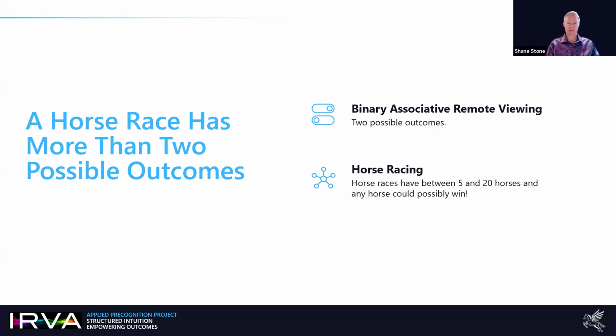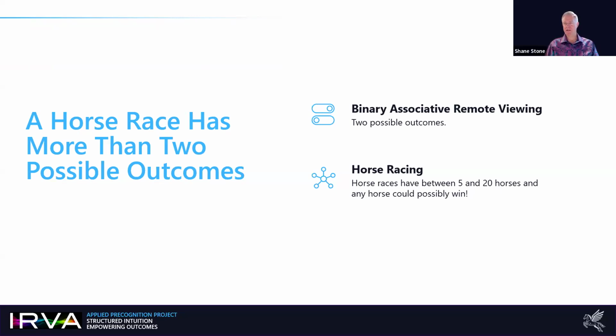One photo site is associated with, let's say, team A winning, the other photo site with team B winning. The remote viewer then goes off and does their session, drawing the feedback photo site. We then match that drawing and the description of the photo site to either photo site A or photo site B, and that forms our prediction for what's going to happen.